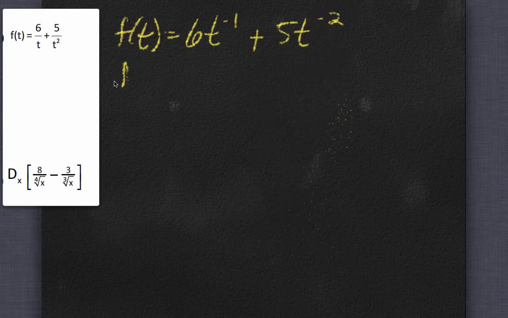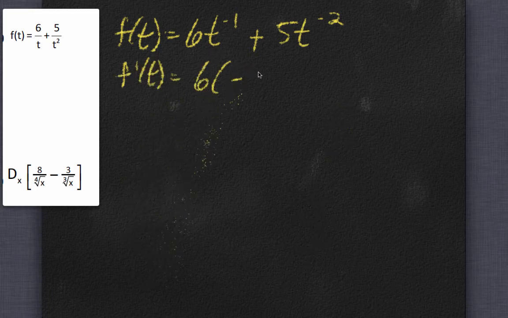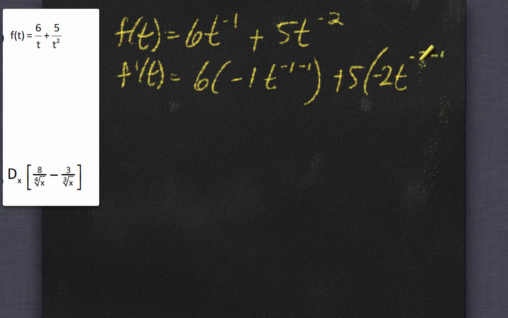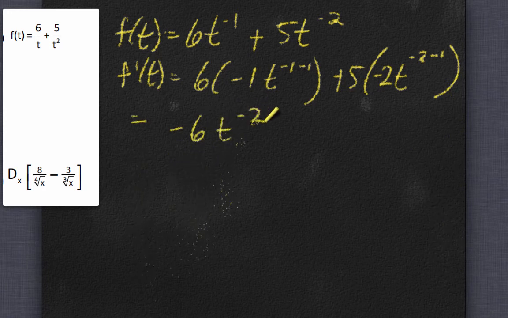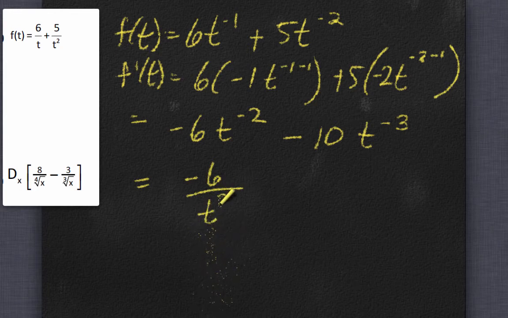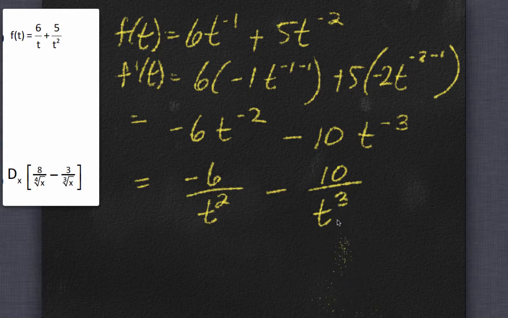So f prime is 6 times negative 1, t to the negative 1 minus 1, plus 5 times negative 2t to the negative 2 minus 1. So minus 6t to the negative 2 minus 10t to the negative 3. And then of course I would rewrite it to match that. So negative 6t goes to the bottom, that squared becomes positive. 10 over t cubed, that 3 becomes positive when you move it to the denominator.